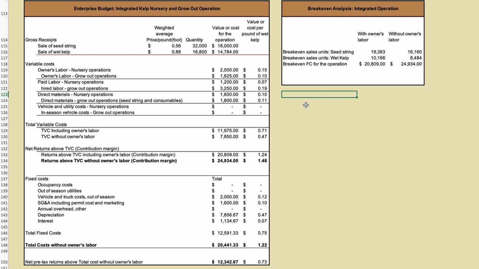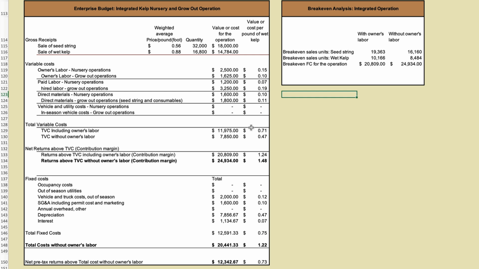And so without going into too much detail, we break out variable costs associated with labor and materials, and then determine how much each of those variable costs is per unit of production of kelp. And notably, we also consider owner's labor in here because you have to make an economic profit. It has to be worth your time to do this.